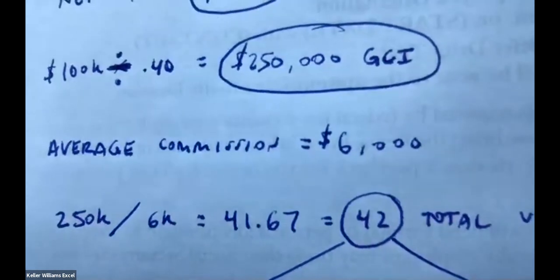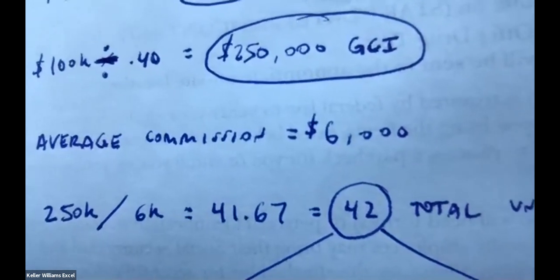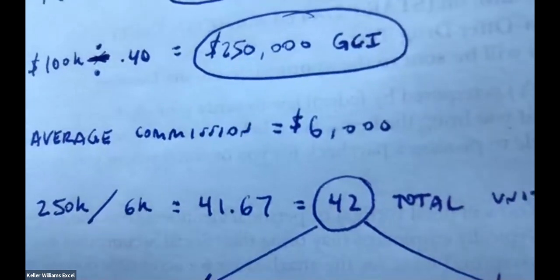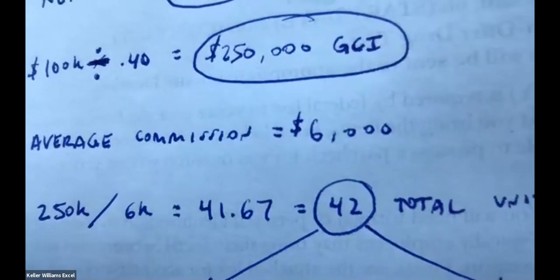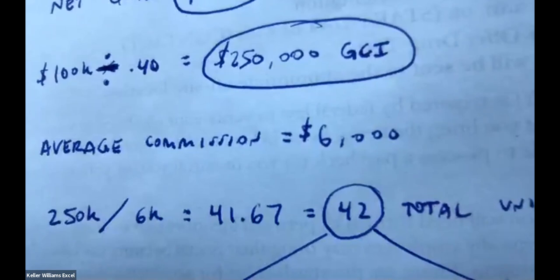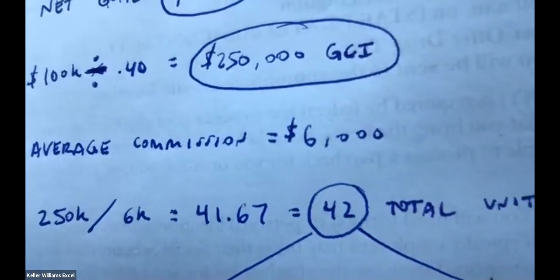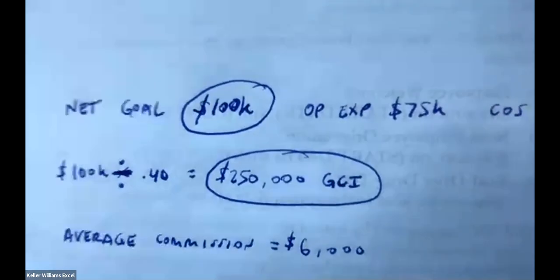I'm fortunate in that my average price point this year has been 270,000. So the number of homes that I need to sell if I wanted to hit this goal of $100,000 net is a little bit less because my average commission is higher. Are y'all following me so far? Yep. Cool.